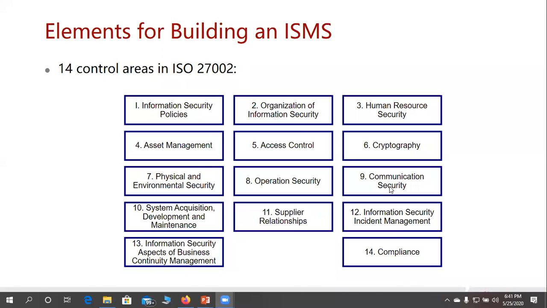So these are separate documents, okay. System acquisition, development and maintenance, supplier relationships, okay. Information security incident management, how you're supposed to handle a security incident, you find it in this area here, okay? And then information security aspects of business continuity management.